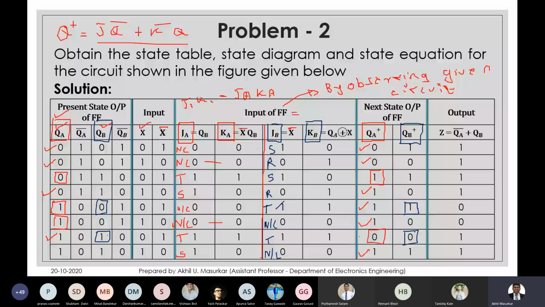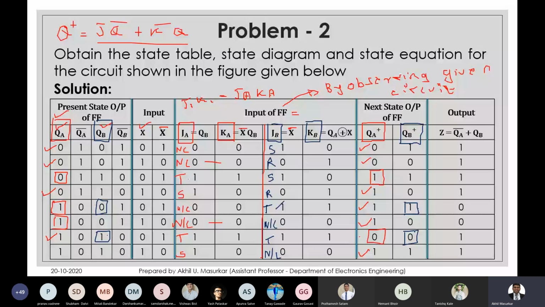You may have one doubt, that is how do we write JA and QB? So we wrote JA is equal to QB. So whatever is in QB, we wrote it in JA. Then we wrote KA as X bar QB. So we saw X bar and QB, took an AND logic of that, and we wrote KA.